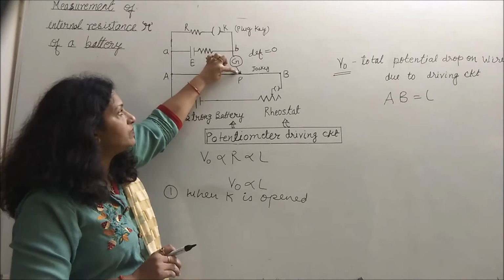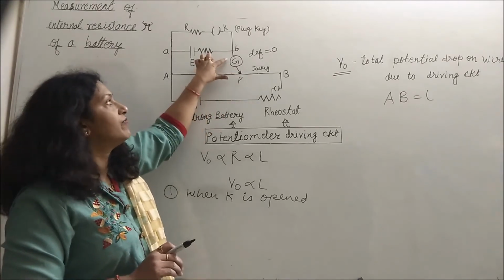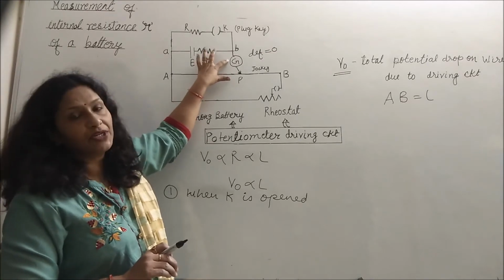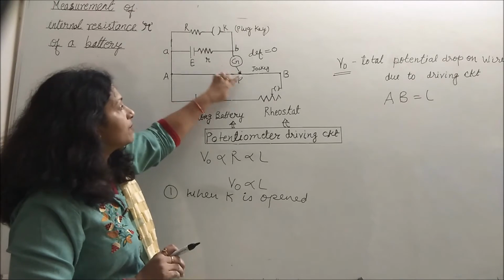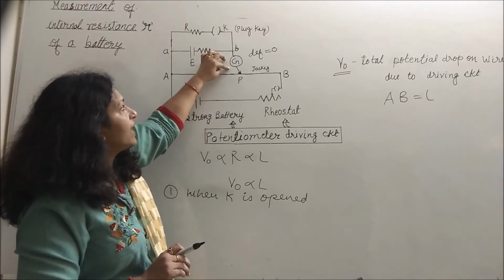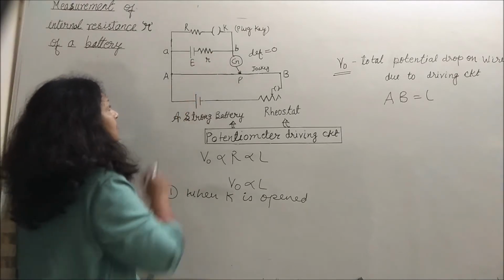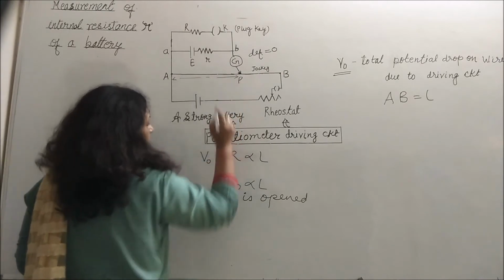With the help of this jockey, we will search for a point where the deflection of the galvanometer is 0. Suppose we got a point P where the deflection is 0. At that point we can measure the length AP.